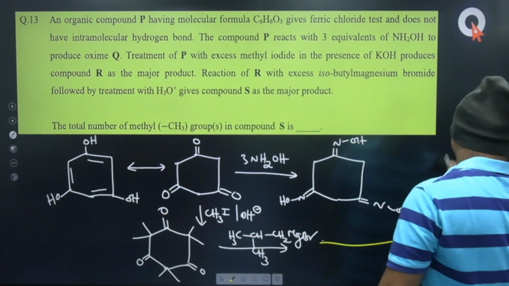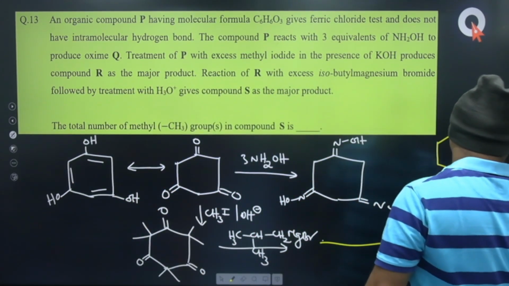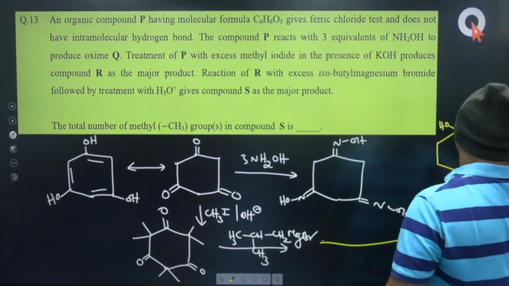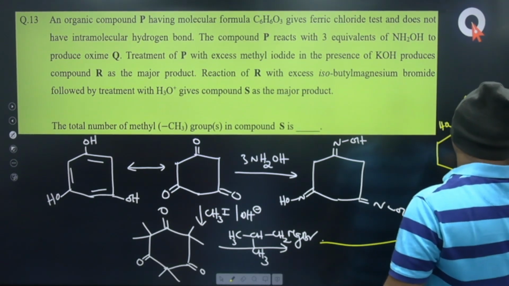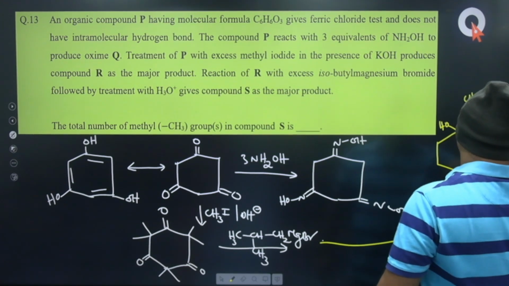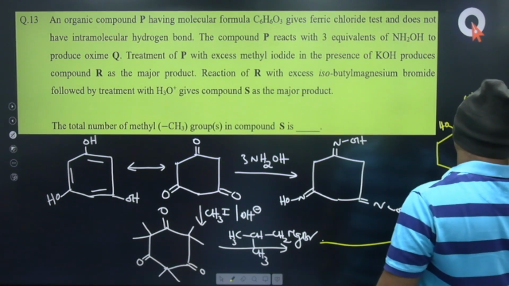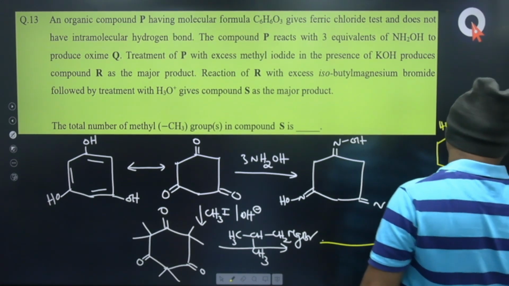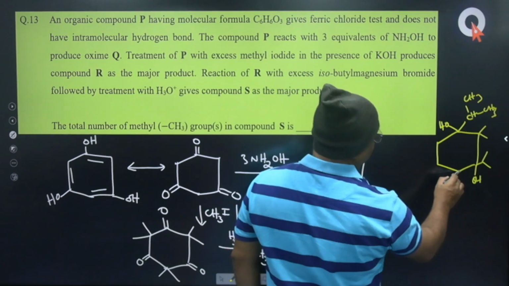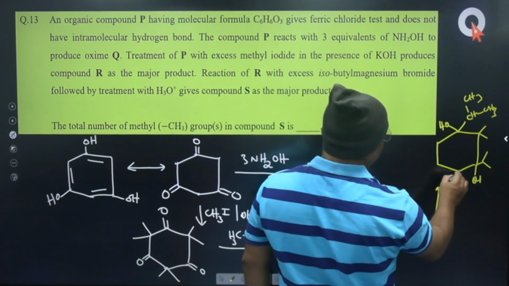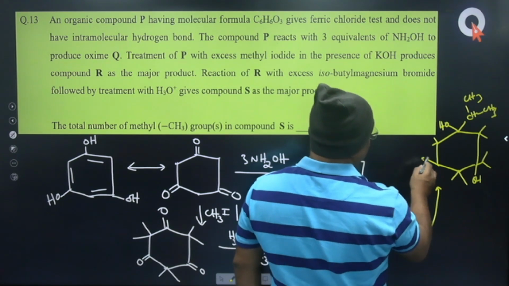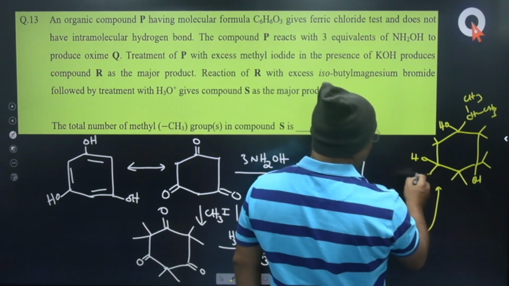Here, what is our S? OH, CH, CH3, CH3, CH3, CH3, OH, same, CH, CH3, then this is also again CH2, CH2, this is again CH2, CH2, this is OH again, like this.